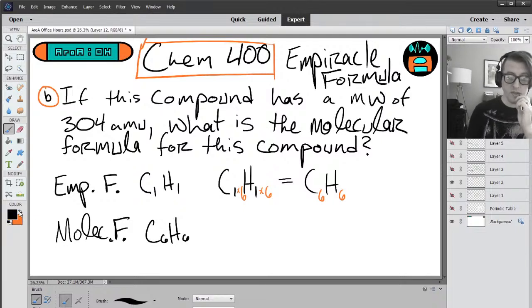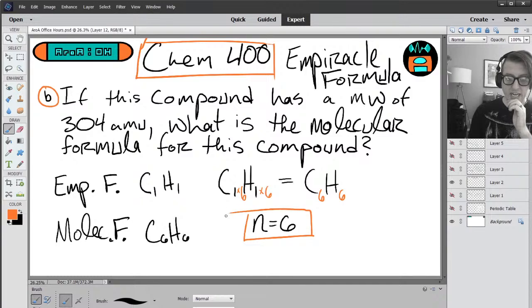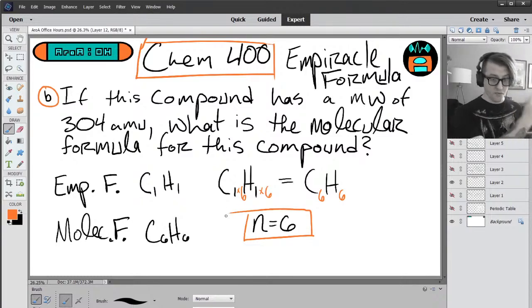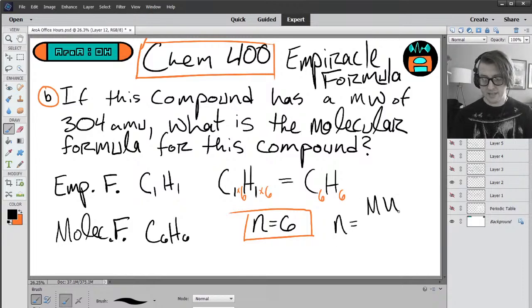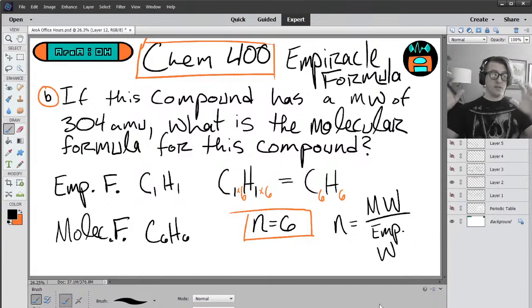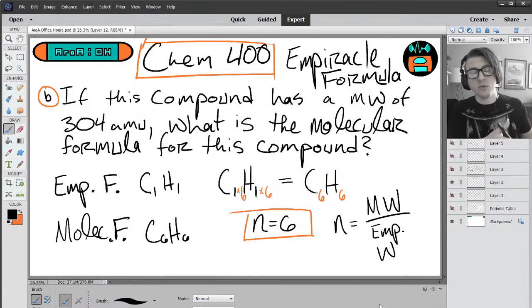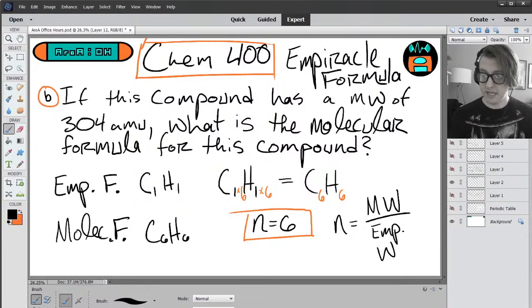So the factor that you multiply each atom in the molecule by to go from the empirical formula to the molecular formula is 6. And how you find n is you take a ratio of the molecular weight divided by the empirical weight. So you take the molecular mass in AMU divided by the empirical mass, and that gives you the factor that you need to multiply the empirical formula by to find the molecular formula.